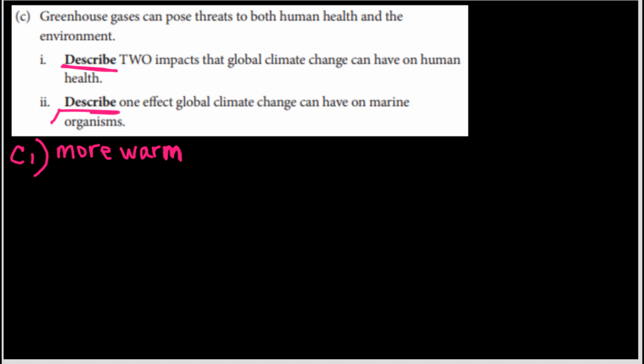Let's describe a human problem with climate change. You're going to have more warm and wet areas, right? Because areas that used to be not so warm are going to be warm now. And you're probably going to get more extreme weather events. So you're going to have areas that are really great for mosquitoes. So then you're going to have more mosquitoes, which seems like a silly thing.